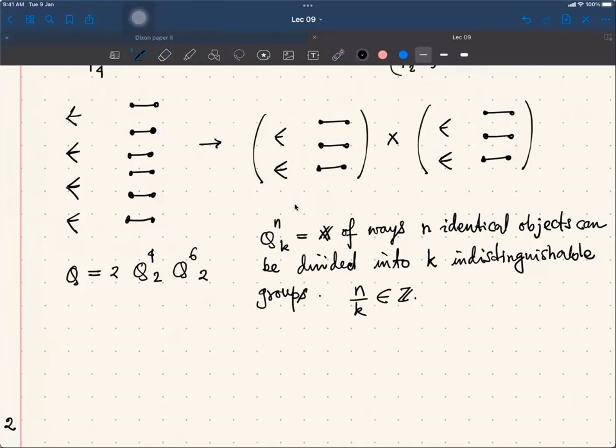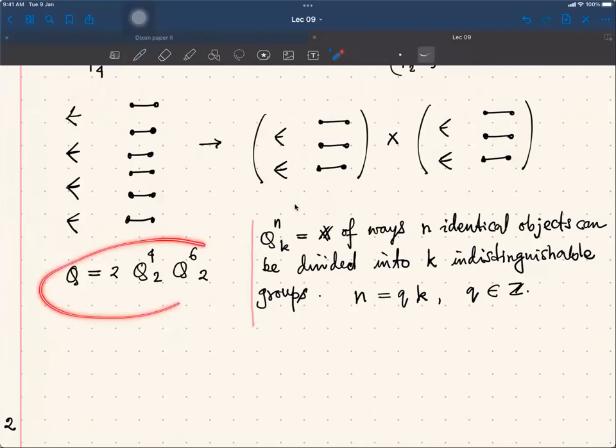Let me call it n equals qk, so that in each subgroup you have q elements, such that q is an integer. So let's see why this should be the formula for Q.